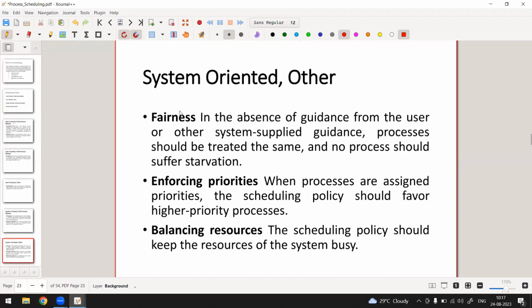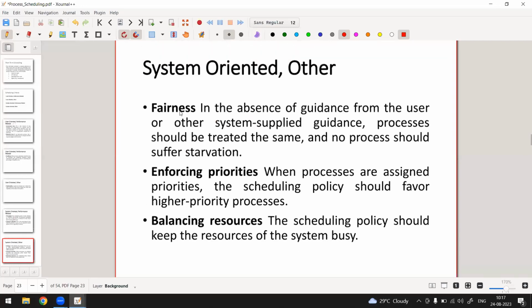The other criteria is fairness, right? Obviously, fairness is important in all aspects. Fairness means in absence of guidance from the user or any other system, the processes should be treated the same, and no process should suffer starvation.